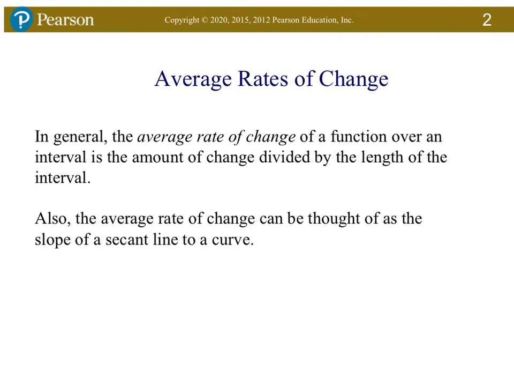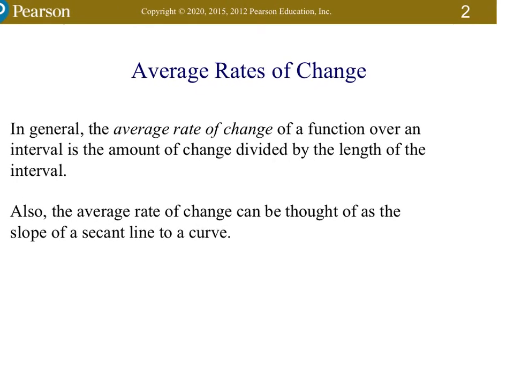All right, so average rate of change by definition, it's the amount of change, which is delta y, divided by the length of the interval, which is delta x. And so the average rate of change is also thought of as the slope.